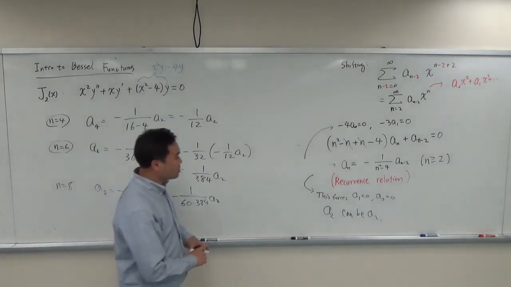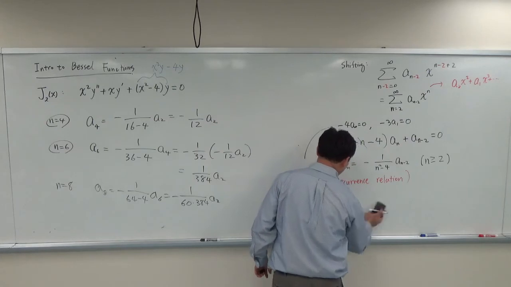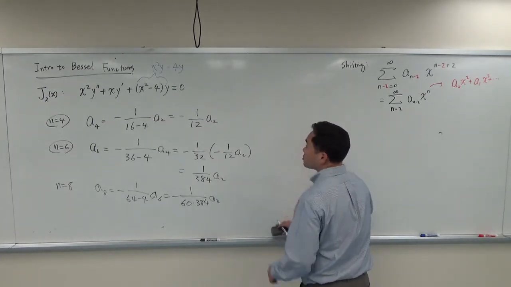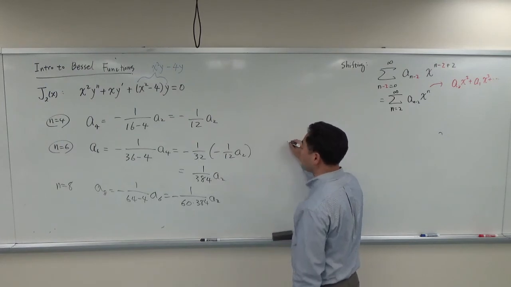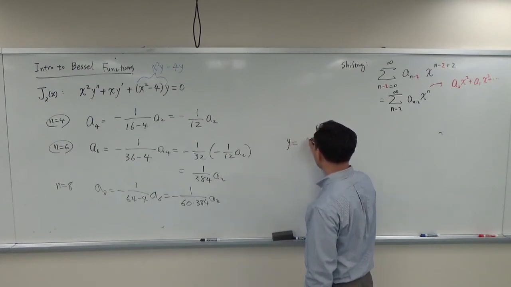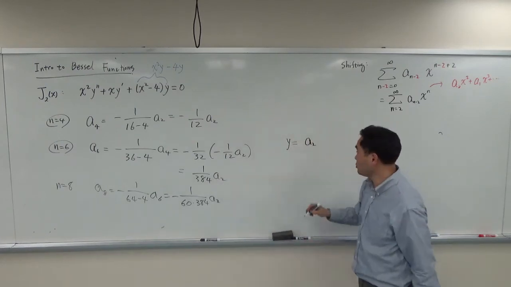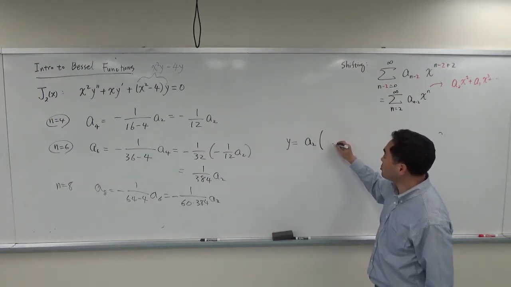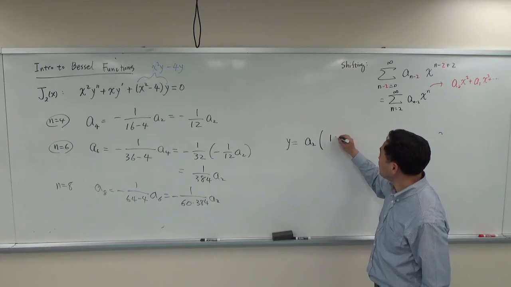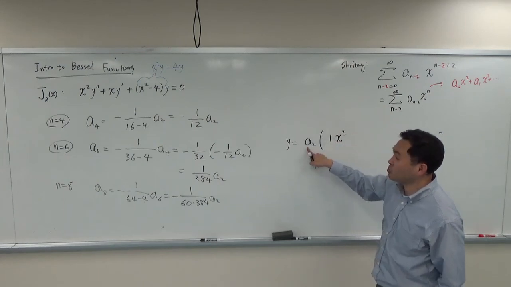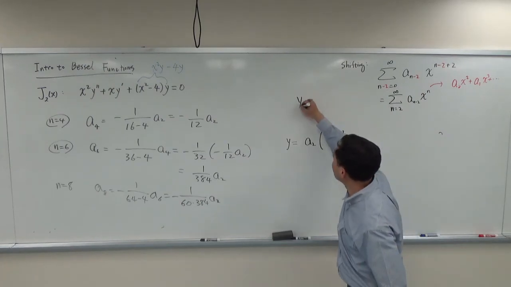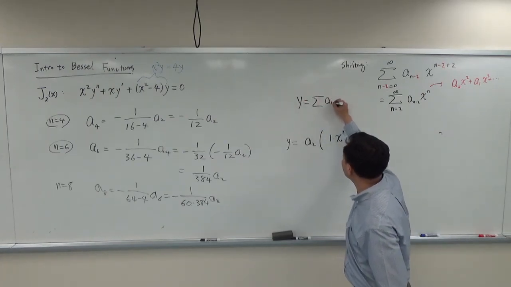So, we can continue this, and what's the result? We see that the solution of that equation is y equals, everything is factorizable as a2, a2 times 1, x squared, because a2 is the coefficient of x squared, right? That was our original deal.